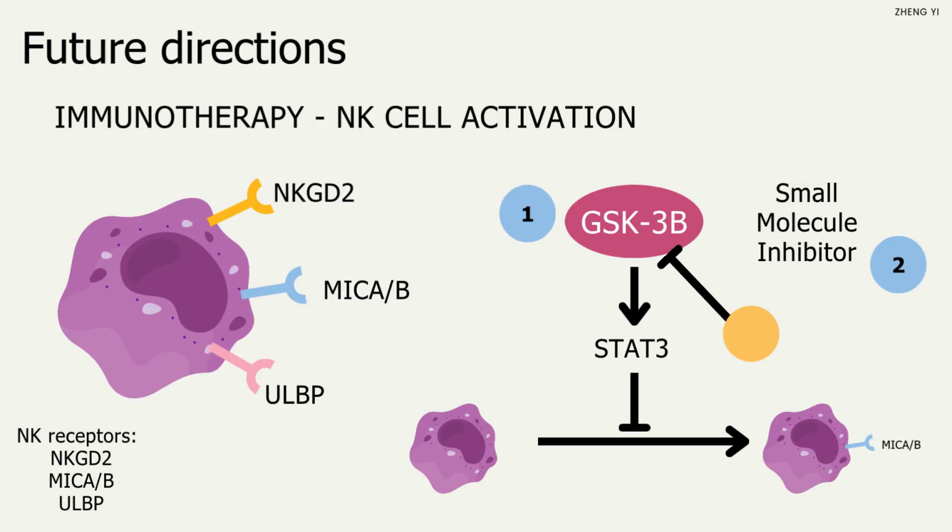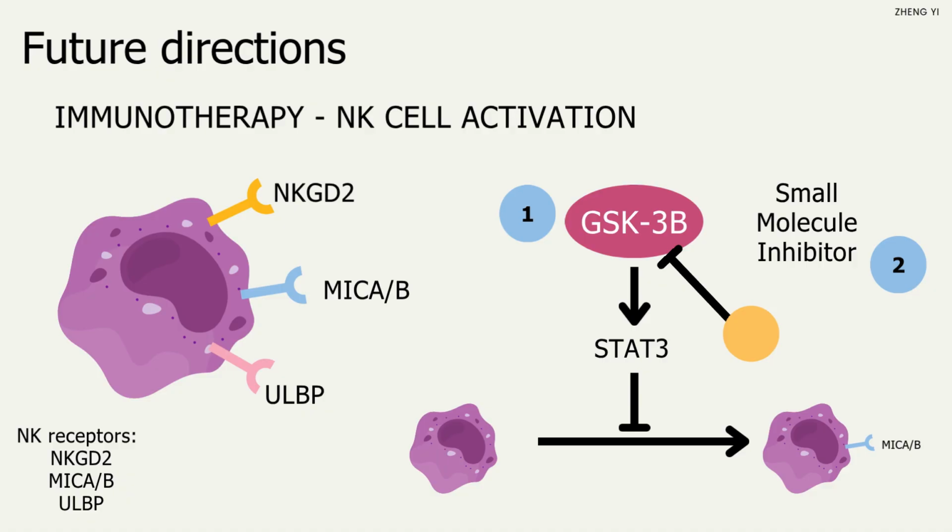For future directions in GSK-3 beta, scientists are looking at immunotherapy, more specifically NK cell activations. NK cells are the body's natural defense against tumor cells. They have NK receptors such as NKG2D, MIC-A and MIC-B, and ULBP.